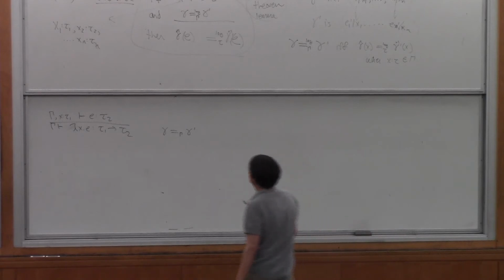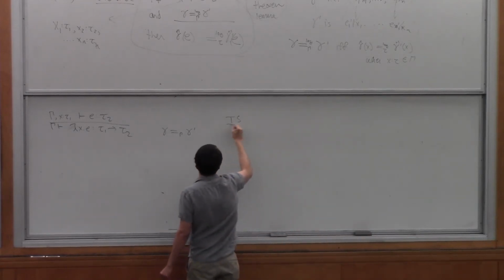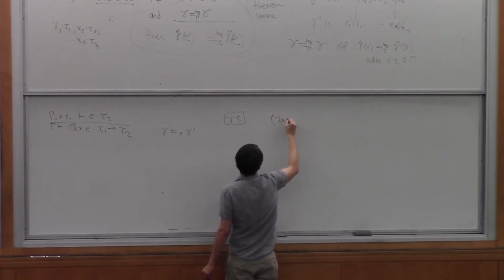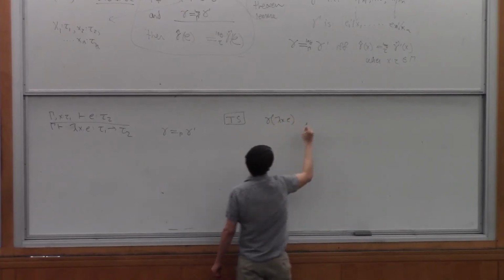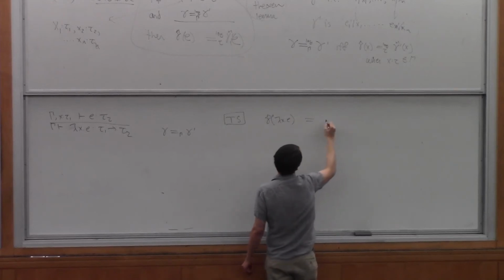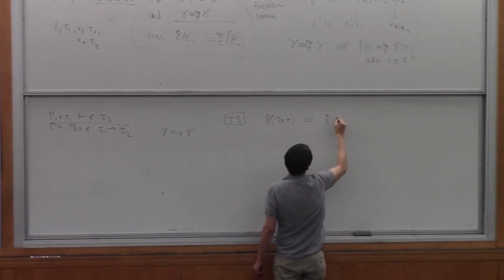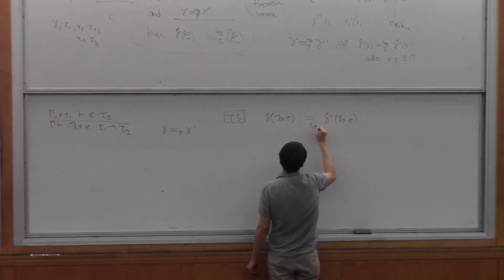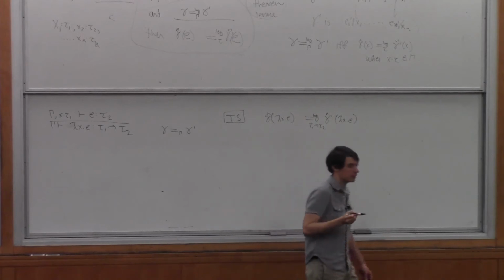Okay? What do I want to show? I want to show that lambda x dot e with the gamma substitution applied is the same as lambda x dot e with the gamma prime substitution applied in tau1 arrow tau2.